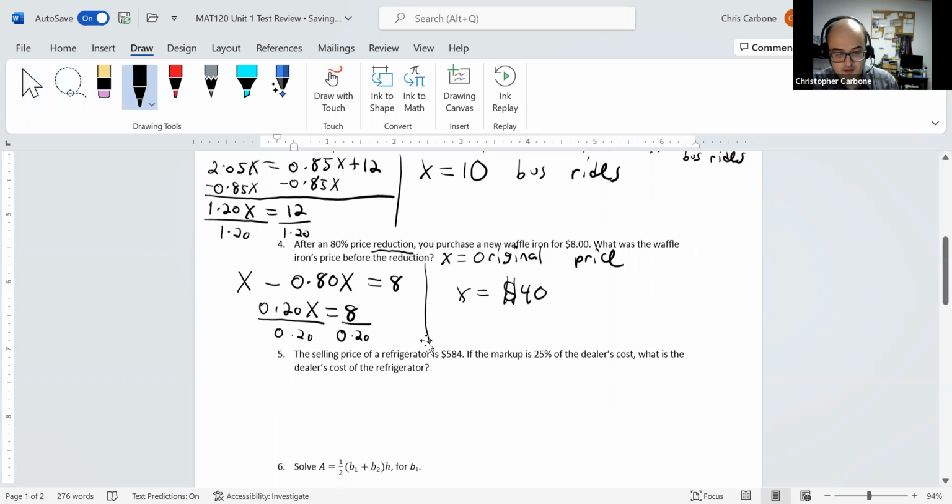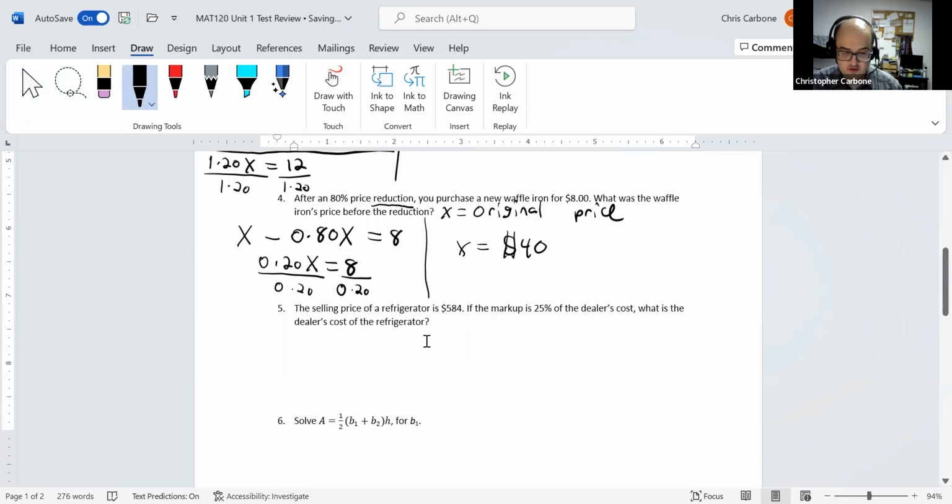For the 5th one, the selling price of a refrigerator is $584. And for this, if the markup is 25% of the dealer's cost, we want to know what the dealer's cost is of this refrigerator. So for this, we are going to have x to be this dealer's cost.